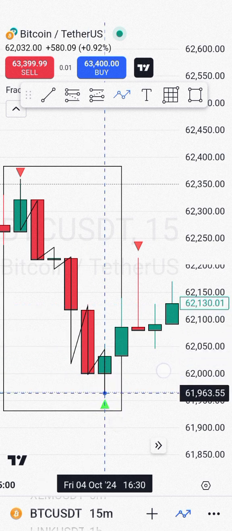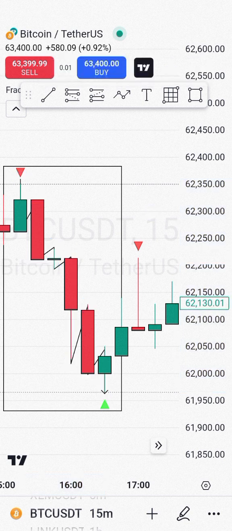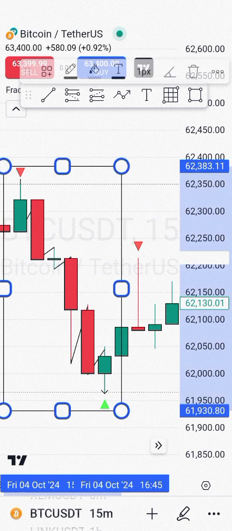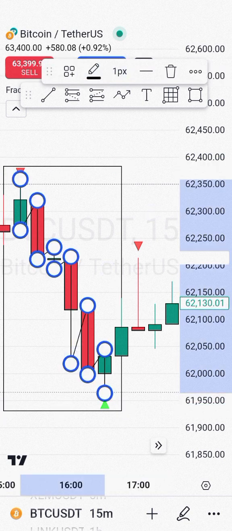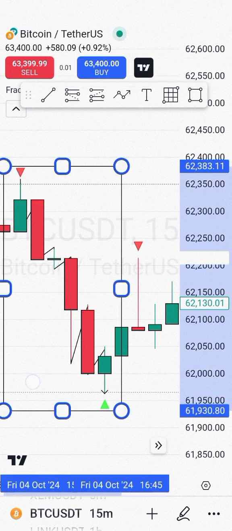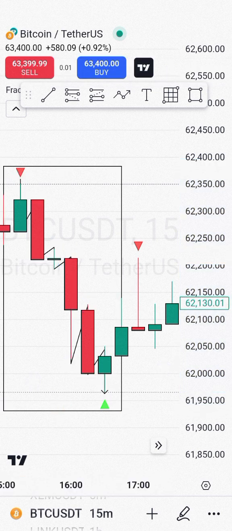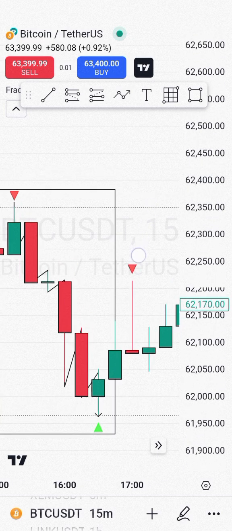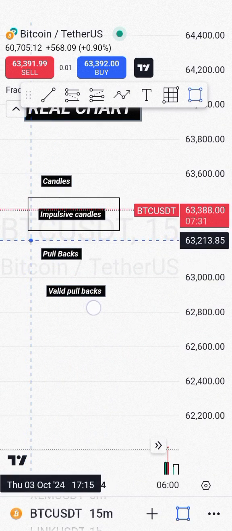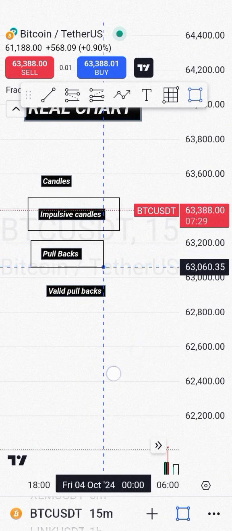The low of the previous candle keeps getting broken. It can be a combination of red and green. This is a very good example for you to see that it mustn't all be red and it mustn't all be green. So this is seller's impulsive candles. All right, so make sure there's no confusion there.